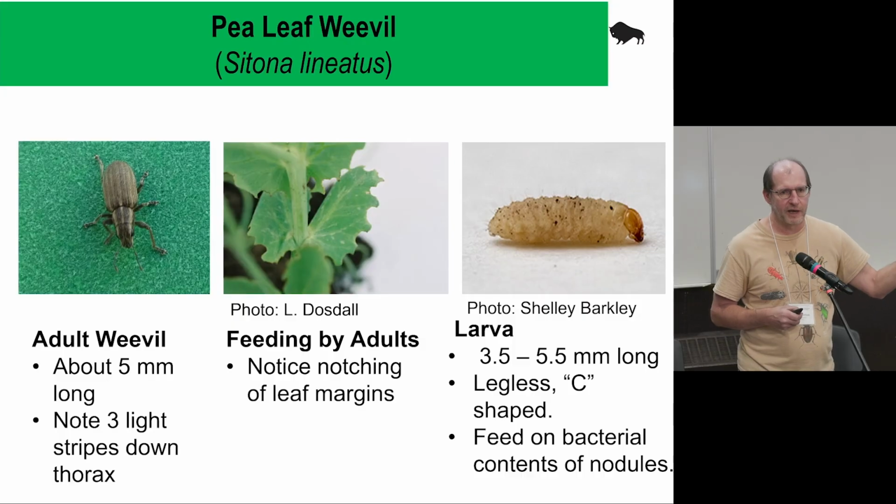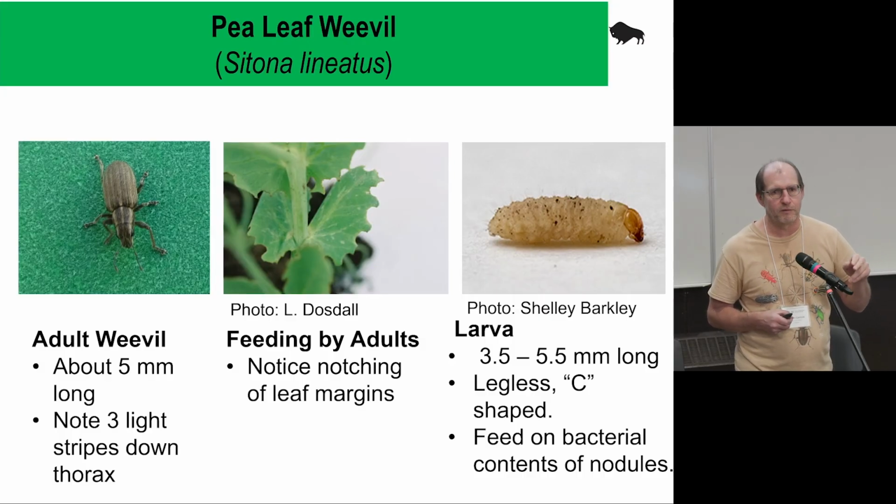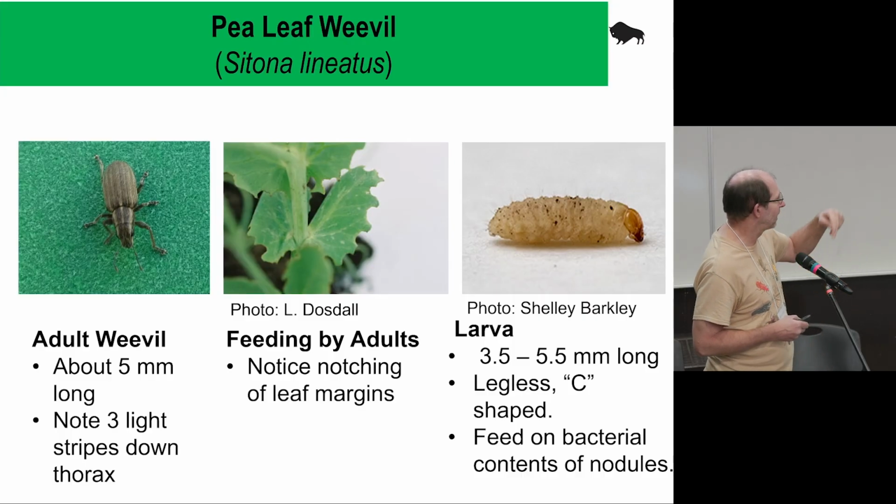The weevils are coming out. Once you get into the mid-teens, the adult weevils become active and come out. They prefer faba beans and peas. They will make these notches in alfalfa and other legumes, but they don't lay their eggs in those fields. Late in the season, they like to feed on them. Faba beans and peas are what they like to do this to, and then lay their eggs in the field.